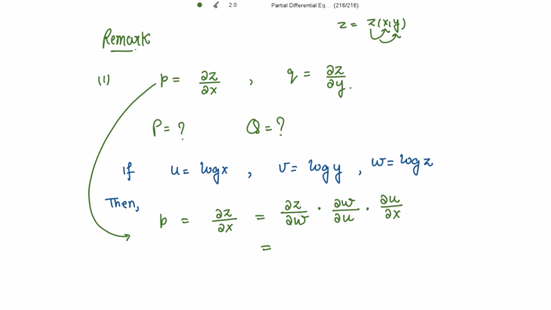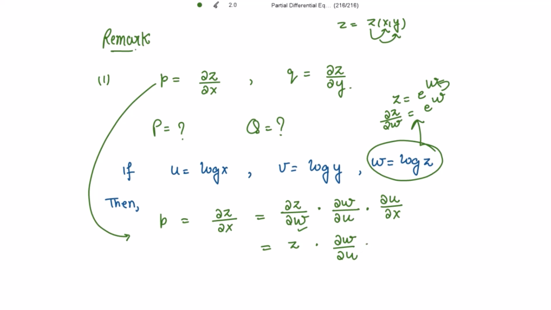What is the partial derivative of z with respect to w? From here I get z equal to e to the power w. So the partial derivative of z with respect to w will be e to the power w only, that is again z. So this is z into, let me write this as it is, and here the partial derivative of u with respect to x is 1 by x.